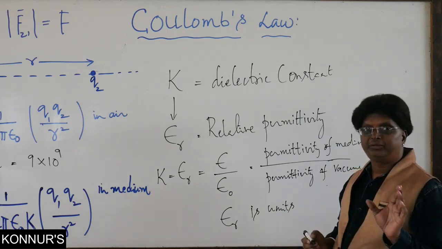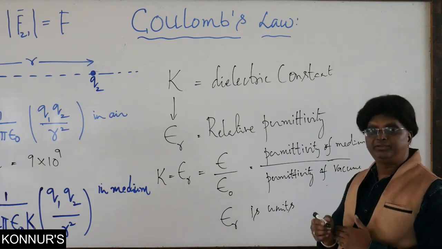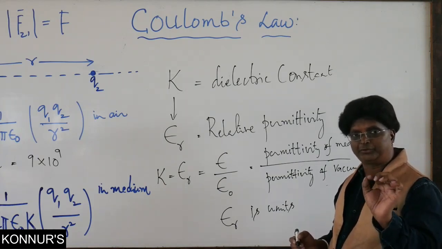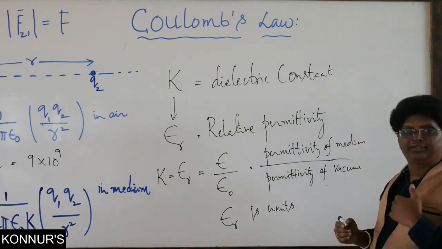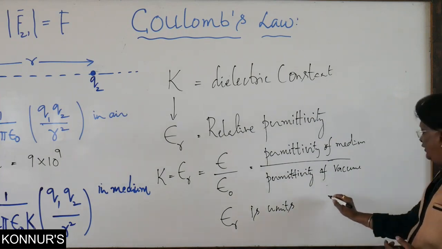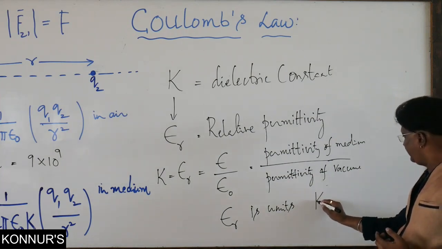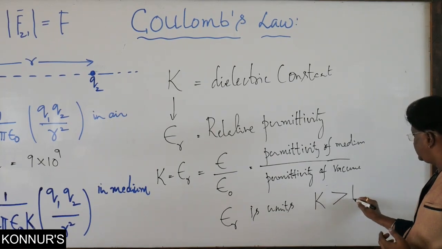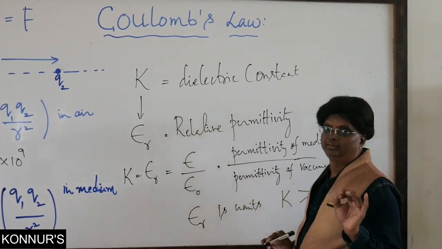And one more important point about K. Many things are to be told, I will just add one or two. We shall come to other things at a later stage. Now the most important point is that K is always greater than 1 for any medium.